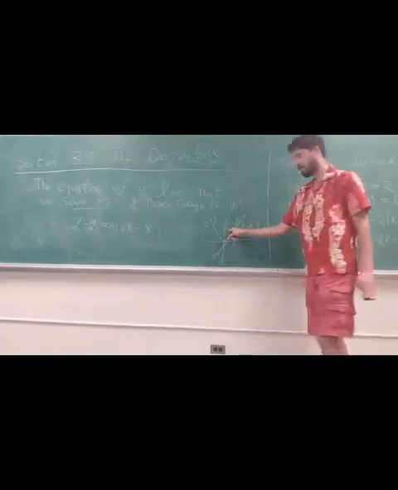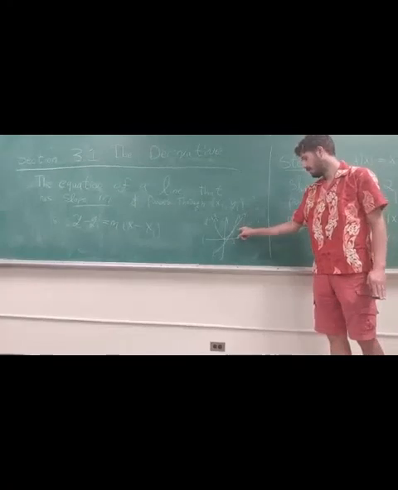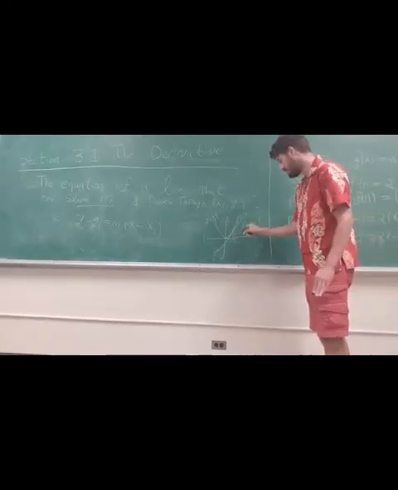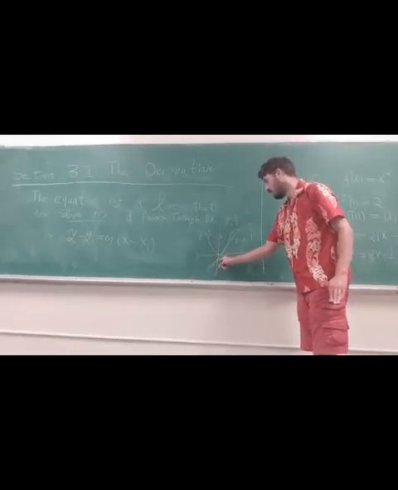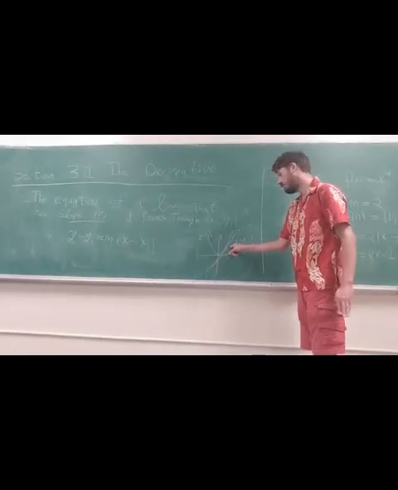As you can see, the parabola is the curve y is equal to x squared. The tangent line is the line y is equal to 2x minus 1. It has y-intercept negative 1, and it passes through this point (1, 1).